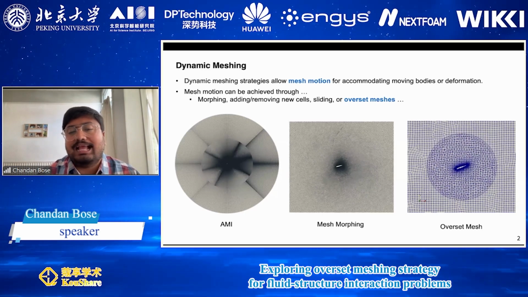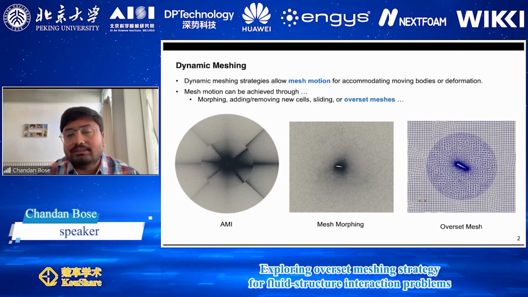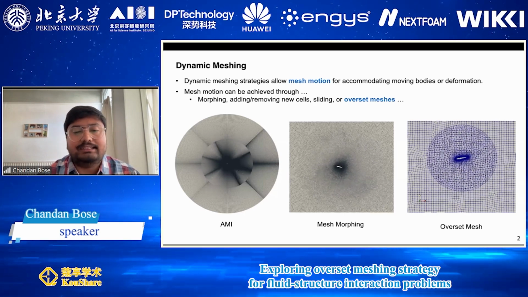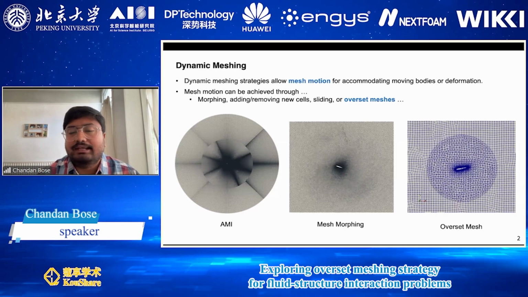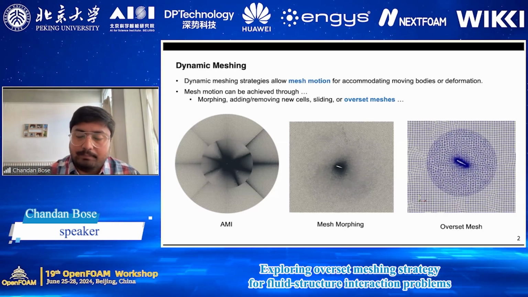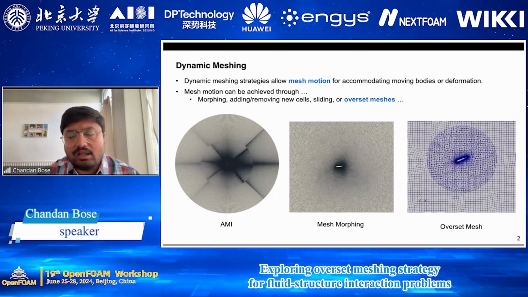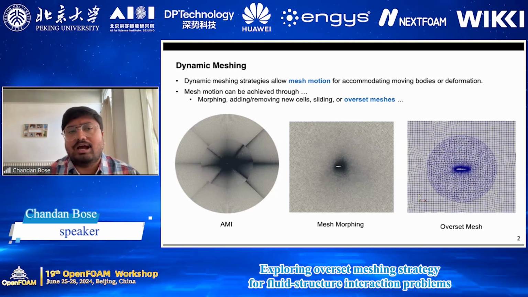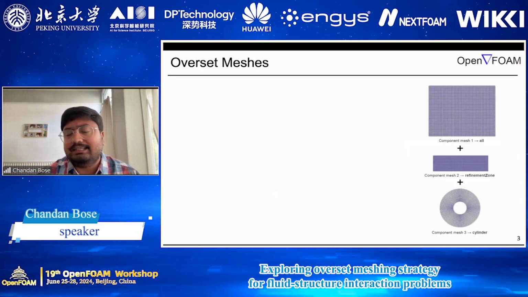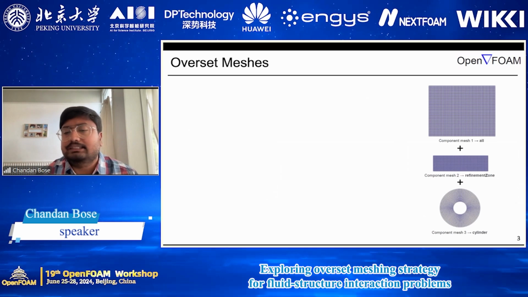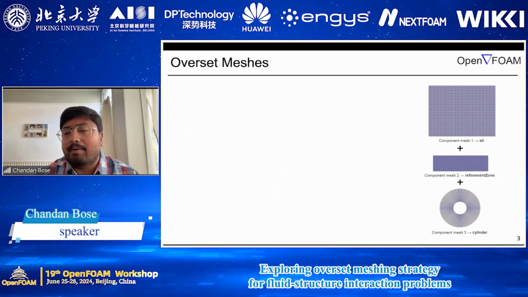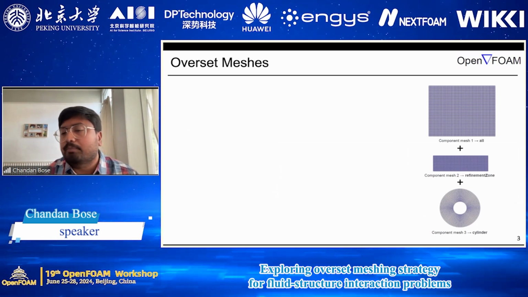However, each of these has some pros and cons in terms of stability, accuracy, and feasibility of tackling the complexity of the problem. Now, just to review, what are the overset mesh techniques? In the overset meshing strategy, as we all know, we have multiple disconnected component meshes.